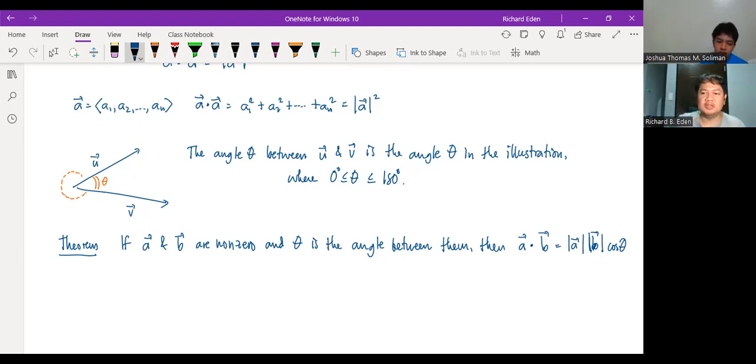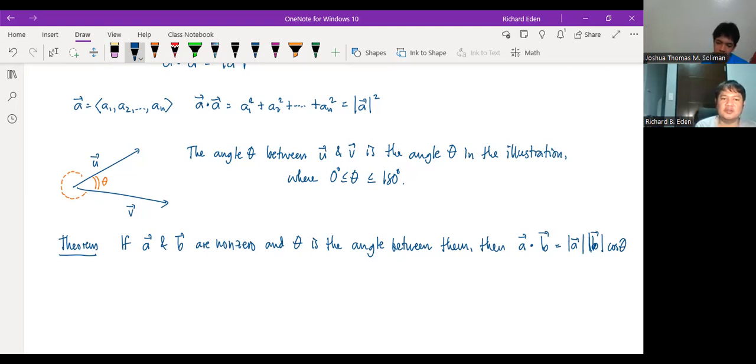So A dot B equals the product of the lengths of vectors A and B multiplied by the cosine of the angle between them. So let us prove this. First, let's get rid of some pesky situations. In particular, when theta is 0 and when theta is 180 degrees.